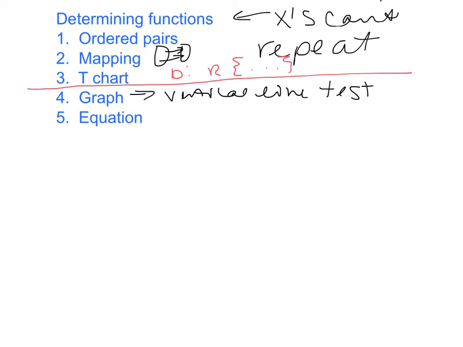For your graph, in addition to the equation, when you state your domain and your range, you're going to use interval notation. So ordered pairs, distinct values, therefore you use set notation. Mapping, distinct values, so you use set notation. T-chart, distinct values, set notation. So that is the key.